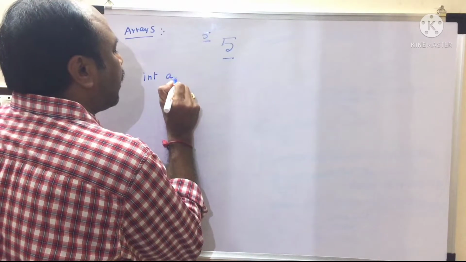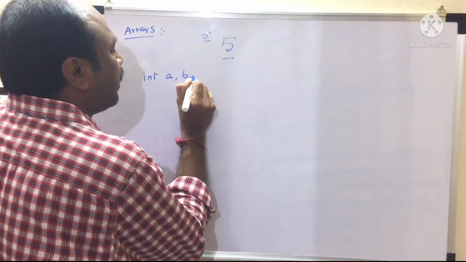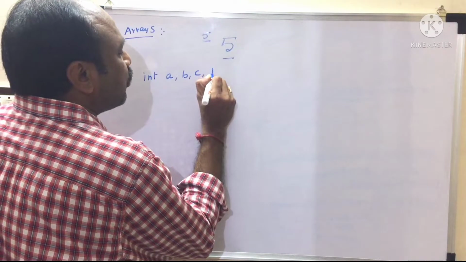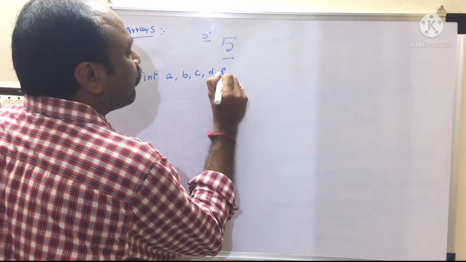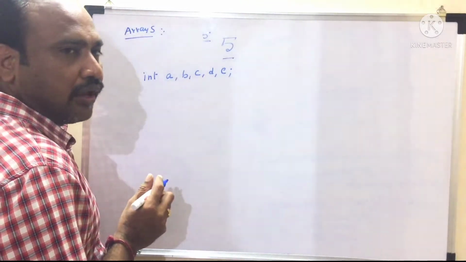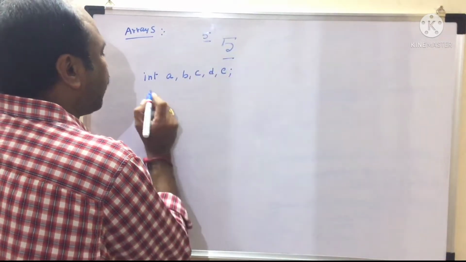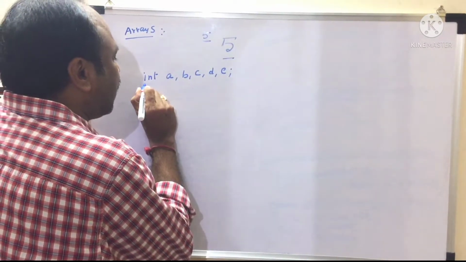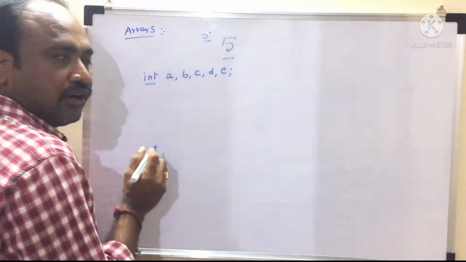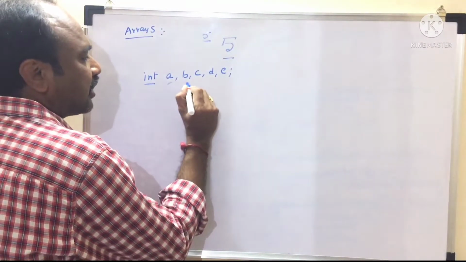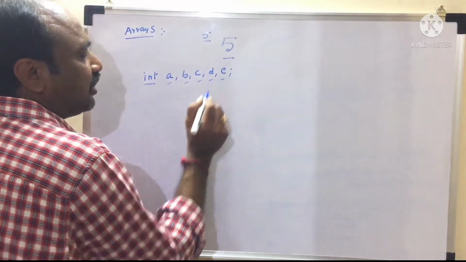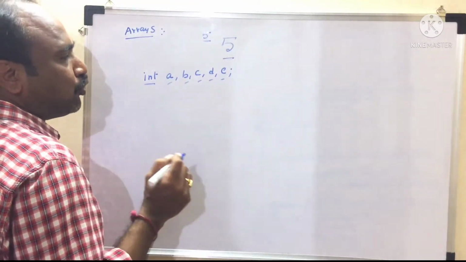First value name A, second value name B, third value name C, fourth value name D, fifth value name E. We are using 5 integer values. To declare an integer value, we have to use the int keyword. For every value, we have to name it.